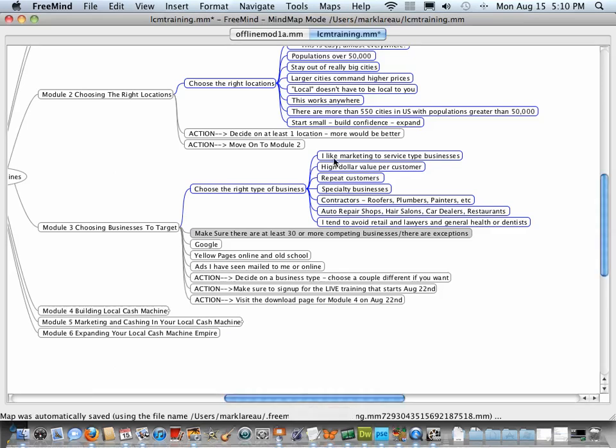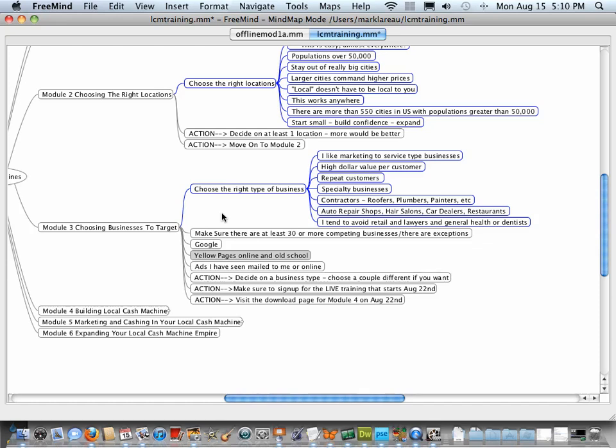It's really not hard to find businesses. Like if you get those money mailers or coupons in the mail, like I said, basically any business that has 30 or more competing businesses, is primarily a service business, and is in a city with more than 50,000 people, is a prospect.